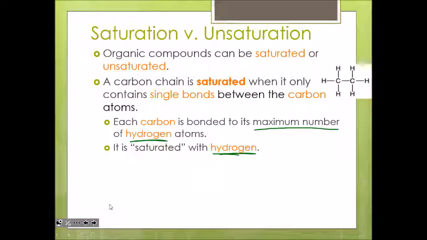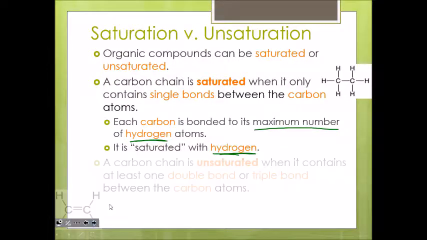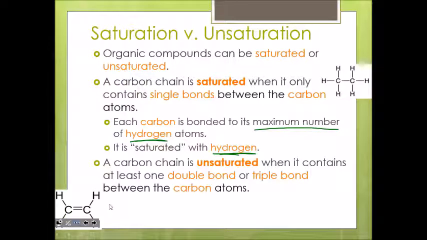So if it has all single bonds, like the alkanes do, it falls under the saturated category because it has the maximum number of hydrogens that could be attached. Unsaturated ones, like our alkenes and our alkynes, where there's a double bond or a triple bond, you could break those double or triple bonds and add more hydrogen. So that's why those would be considered unsaturated.